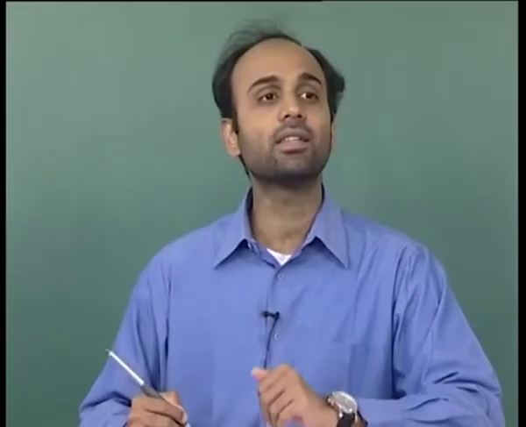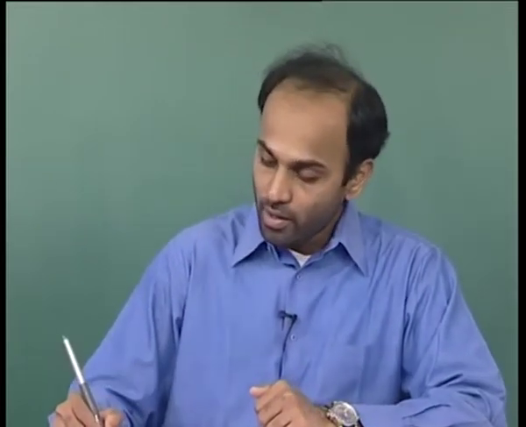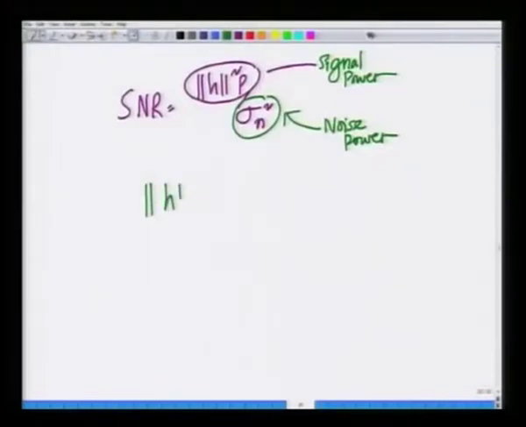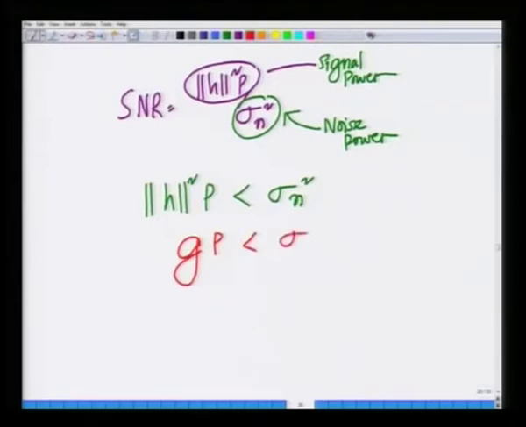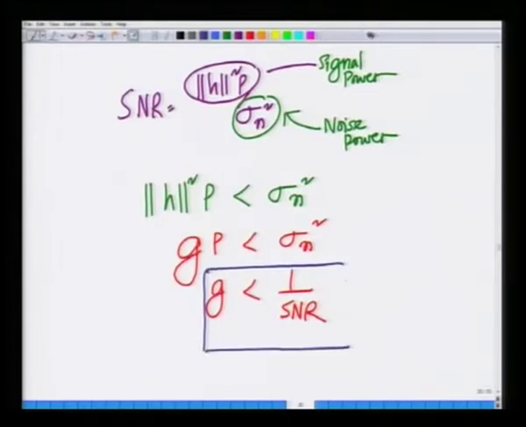So, the system is in a deep fade when norm h square into P is less than sigma n squared, or g times P is less than sigma n squared, or g is less than 1 over SNR.